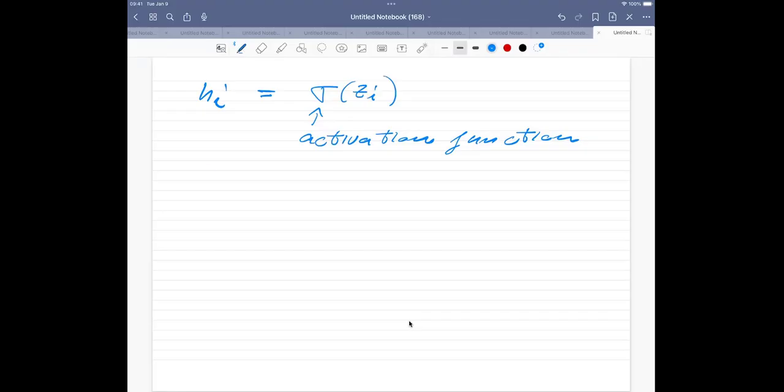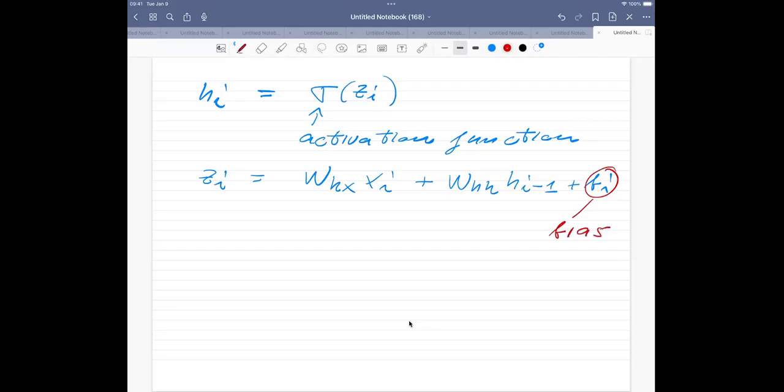Now this c of i is given by a weight matrix W_hx, which links this x of i. So x can be a vector, and W can be a matrix, plus the weight W_hh multiplied with the input from the previous layer, plus some bias. This b is what we normally call the bias variable, in case these parameters W by accident happen to be 0.